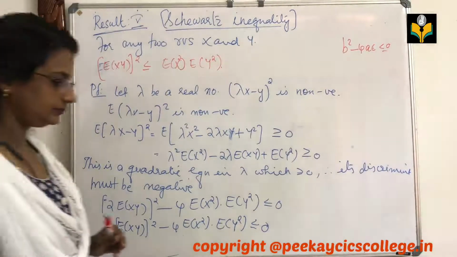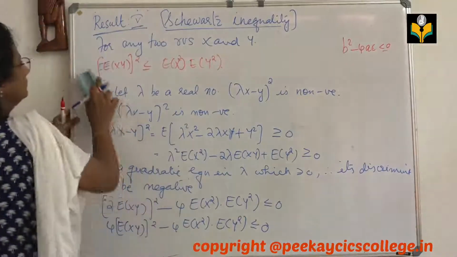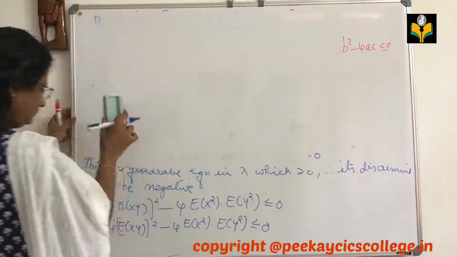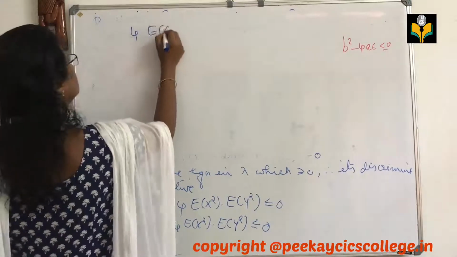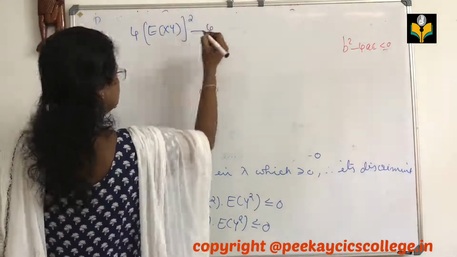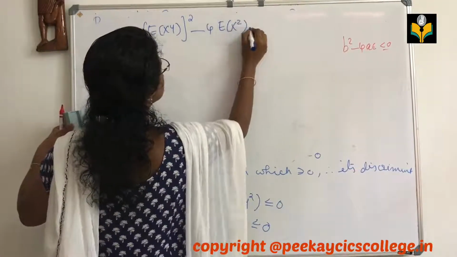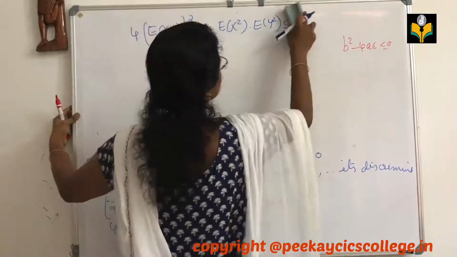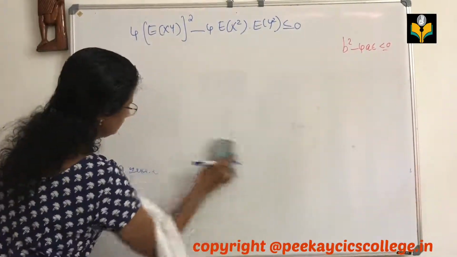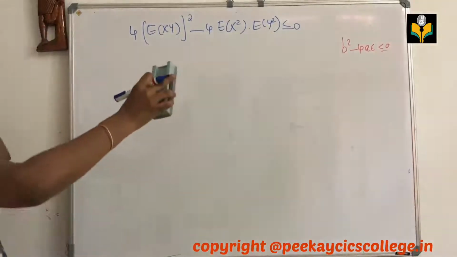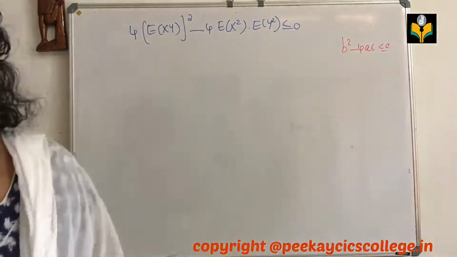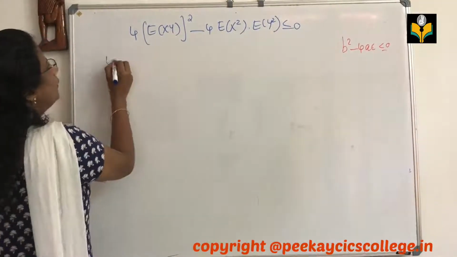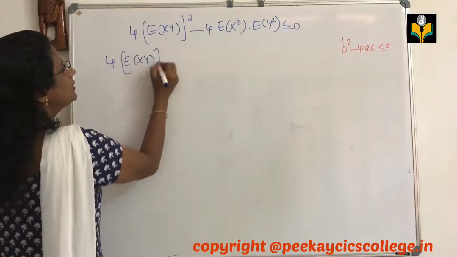Okay. That is 4 into expectation of xy the whole square.